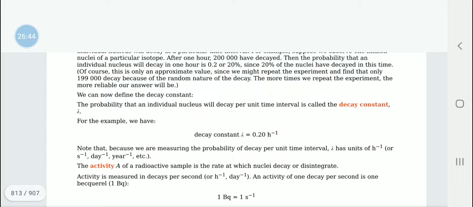Leave a line and write, for example, if 200,000 nuclei decay within an hour from a sample of 1 million nuclei, the probability of decaying is 0.20 or 20%.